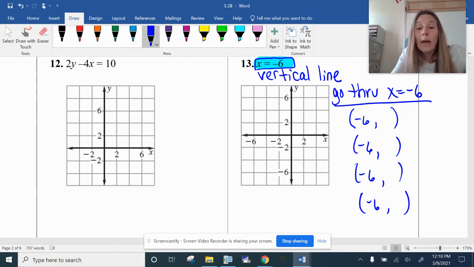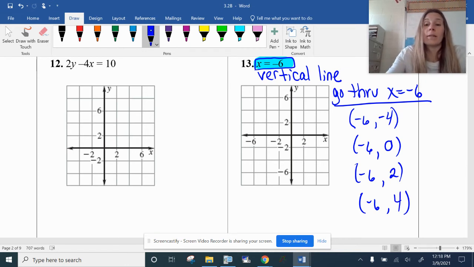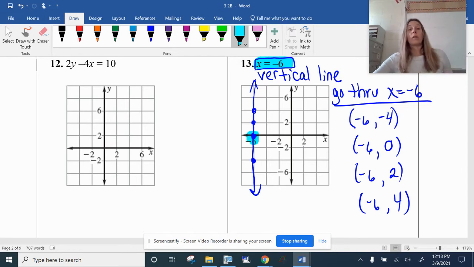So you can put any y values you want in there. I can do -4, I can do 0, I can do +2, +4. -6, -4, -6, 0, -6, 2, -6, +4. Notice that a vertical line starts to emerge there. So basically, you're just going to find this x-intercept, the x equals -6.